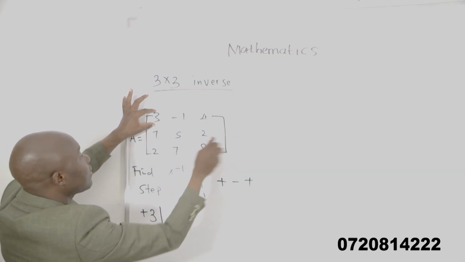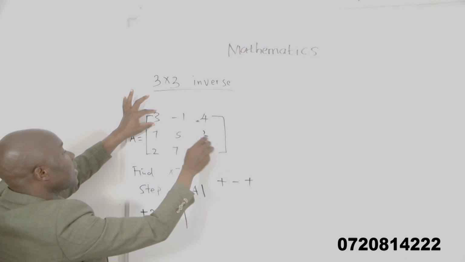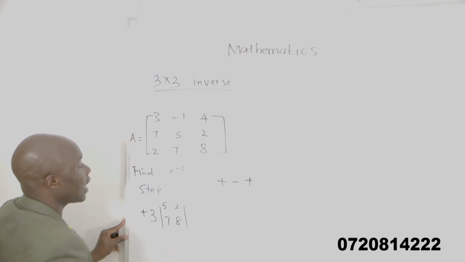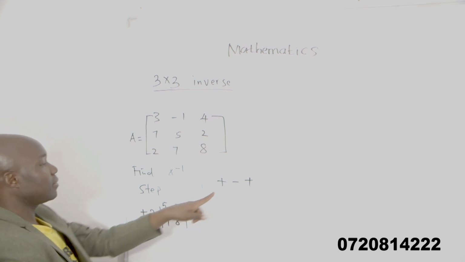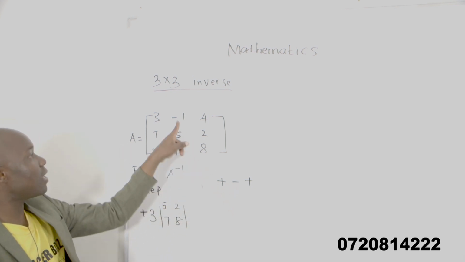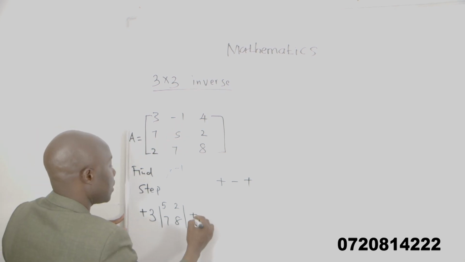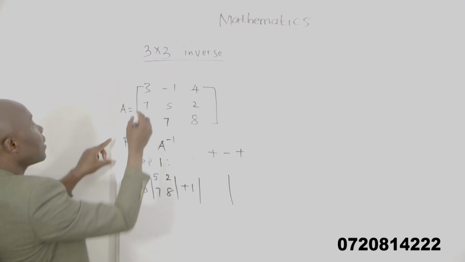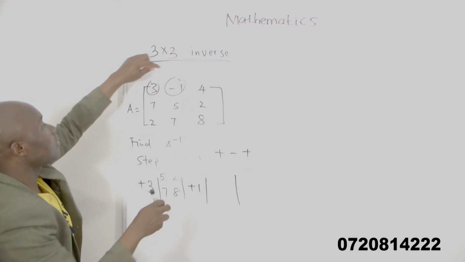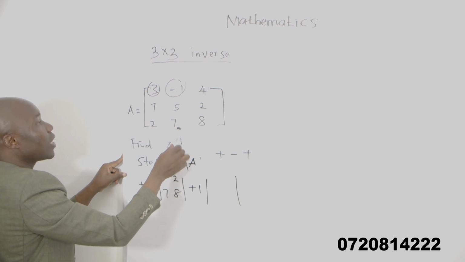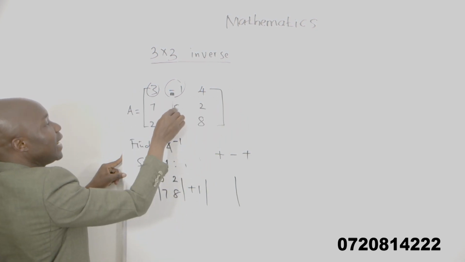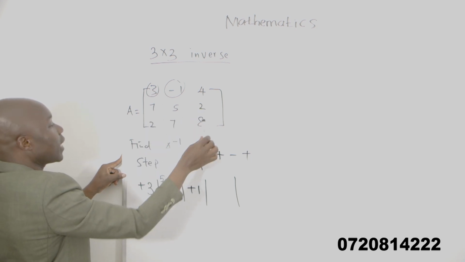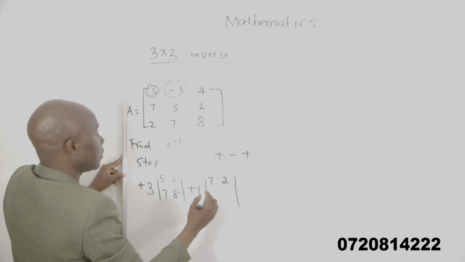If I delete this and that, I remain with these entries: 5, 2, 7, 8. Then the next is minus, and the minus of the minus becomes plus 1. Now we delete the entire column and the entire row. What will remain is 7, 2, 2, 8.